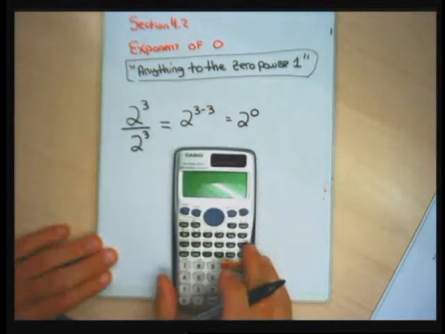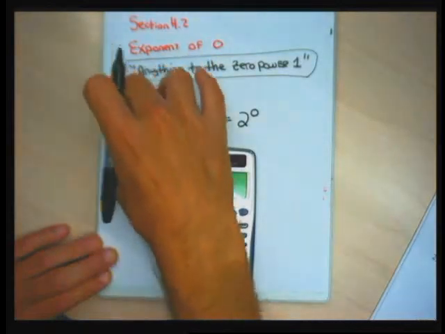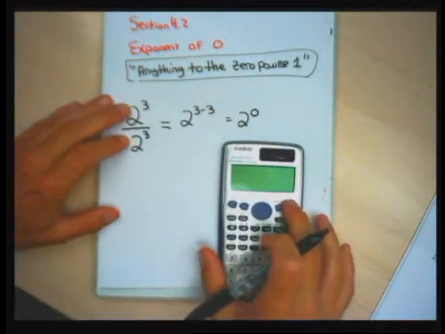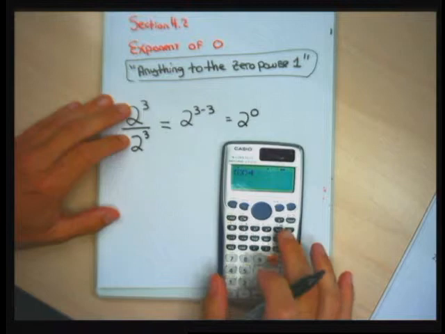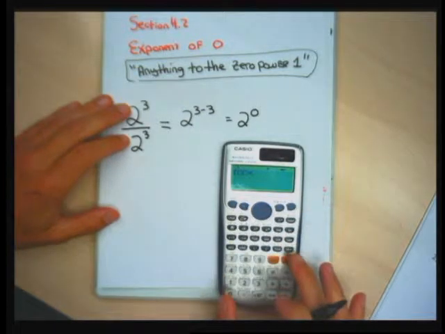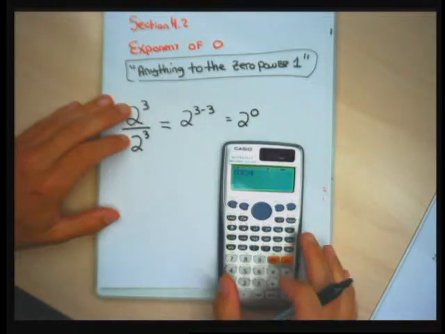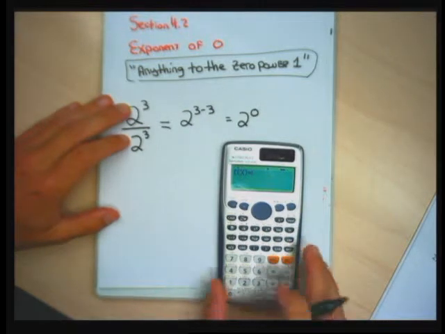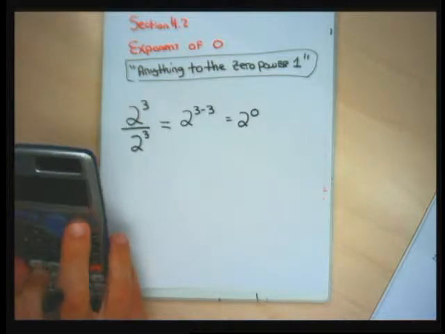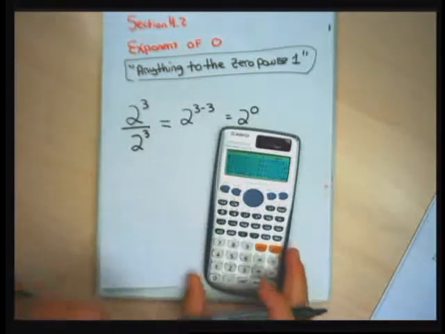And if I did this problem on my calculator, which is almost insulting because anything divided by itself is 1. Really? Hold on, I've got my calculator in some funky mode right now. Mode 1. Good.